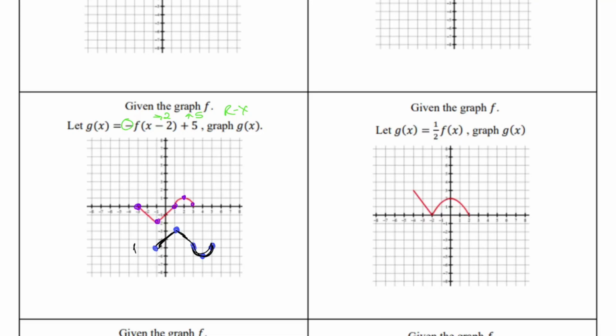All right, so now what's going to happen is we're multiplying a number in front of f of x. With this guy, since the number is a half, we have ourselves a vertical dilation of a half, which means the height is going to become half the size of where it is to the x-axis.